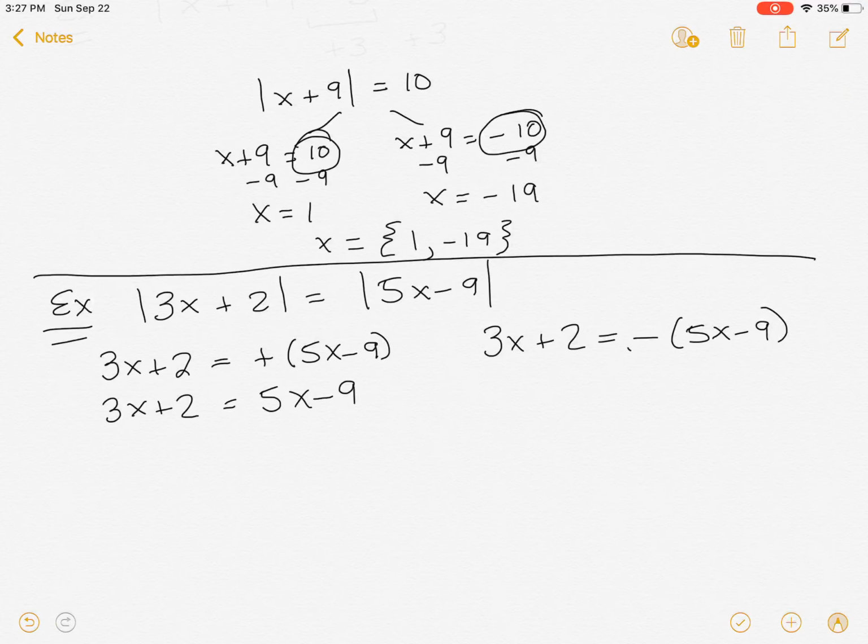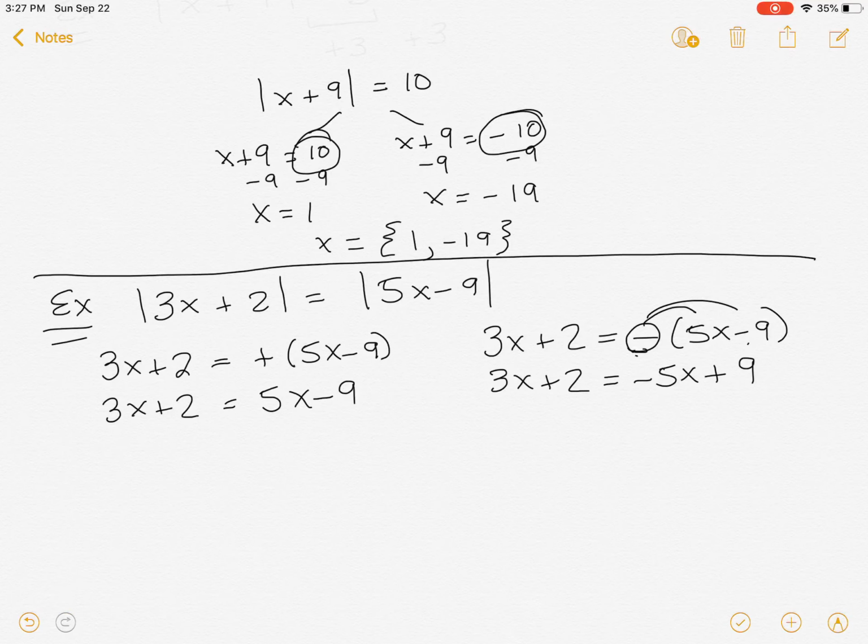But here, when I want to take the opposite of the expression, I have to make sure that negative gets distributed. So I have 3x plus 2 equals the opposite of 5x, which is negative 5x, and the opposite of negative 9, which is positive 9.